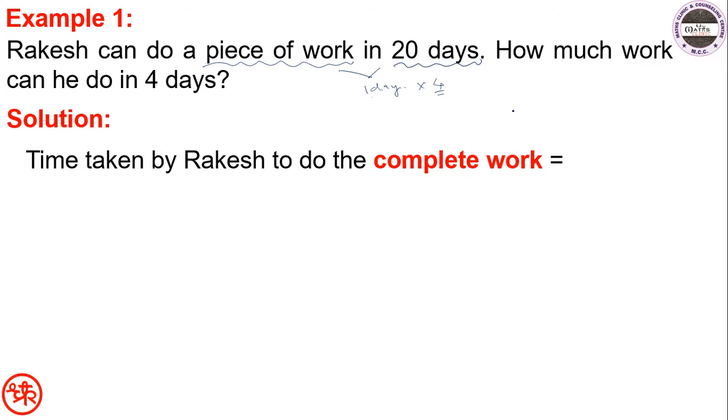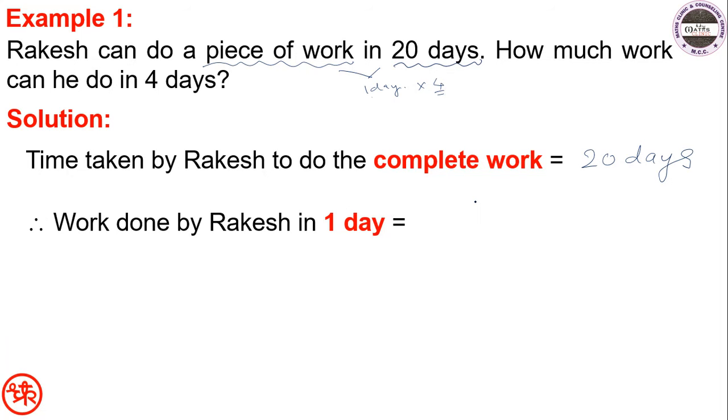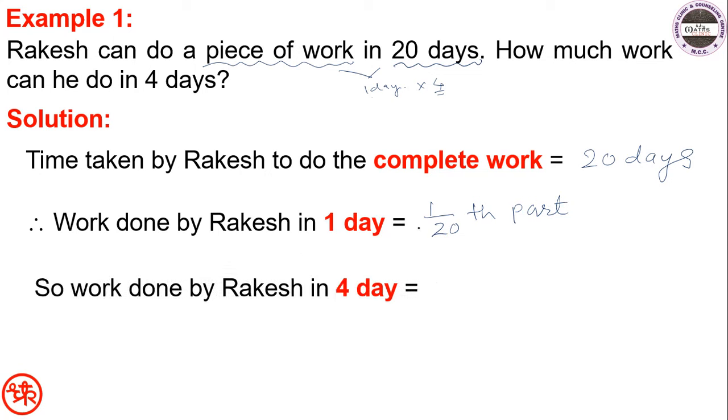Time taken by Rakesh to do the complete work is how much? 20 days. Is that clear? And therefore, work done by Rakesh in one day is what? 1 by 20th part. Is that clear? And so the work done by Rakesh in 4 days is what? 4 into 1 by 20.